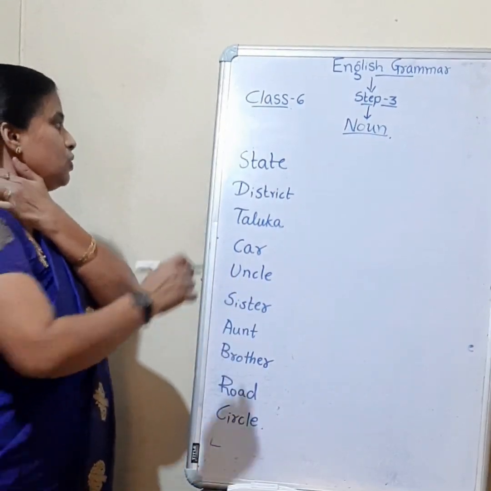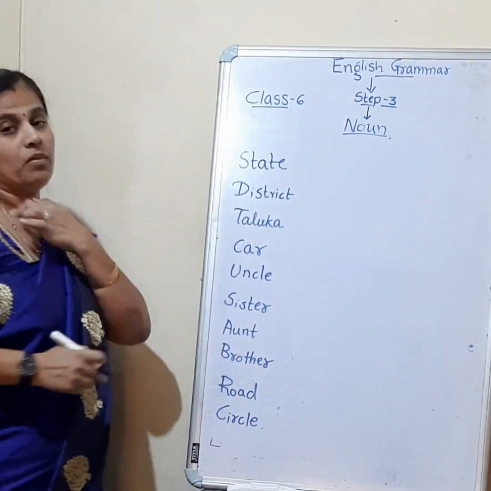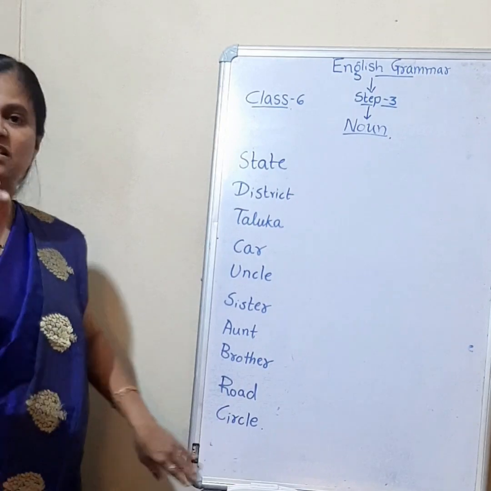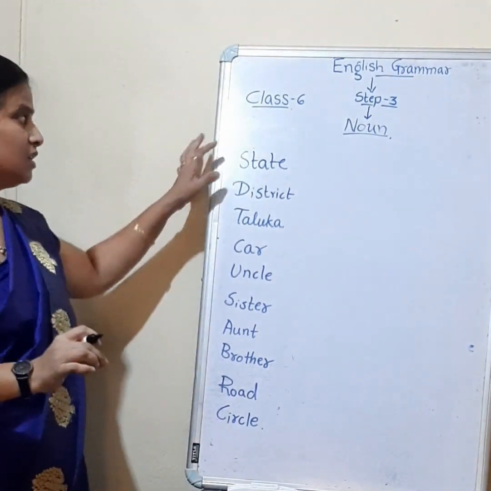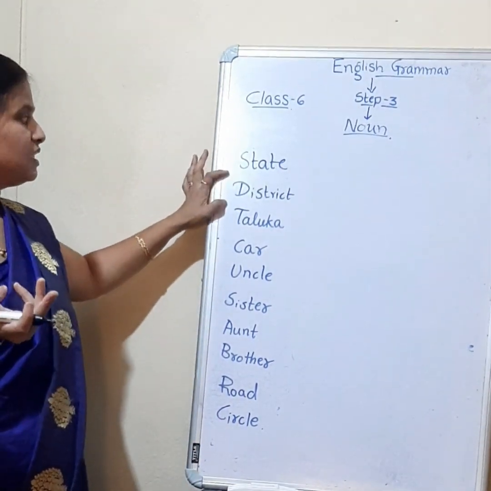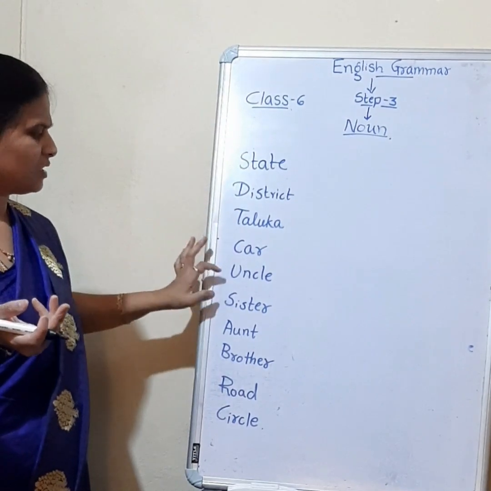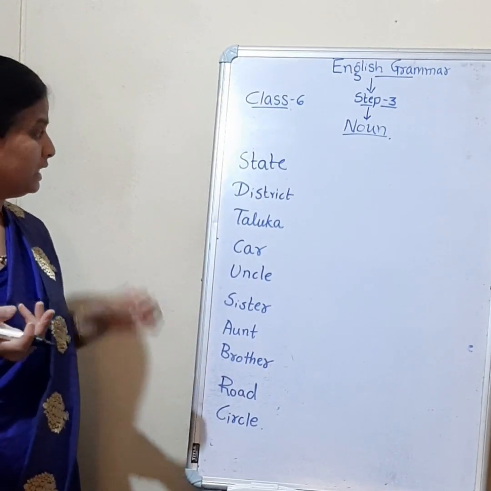Okay, so these are all common nouns. We are not specifying anything particular over here. State, general word, district, general, taluka, car, uncle, sister, aunt, brother, road and circle.